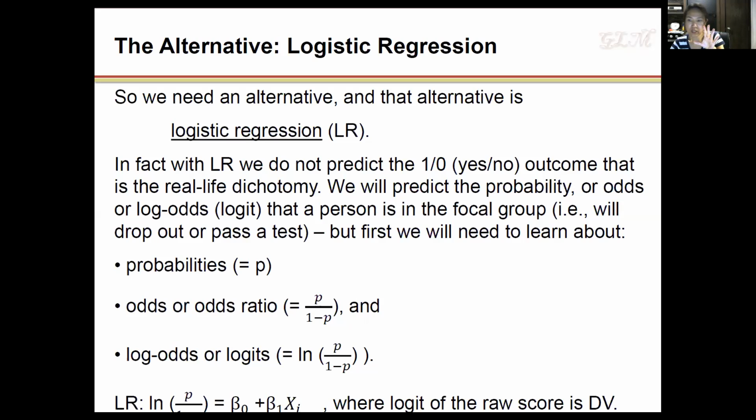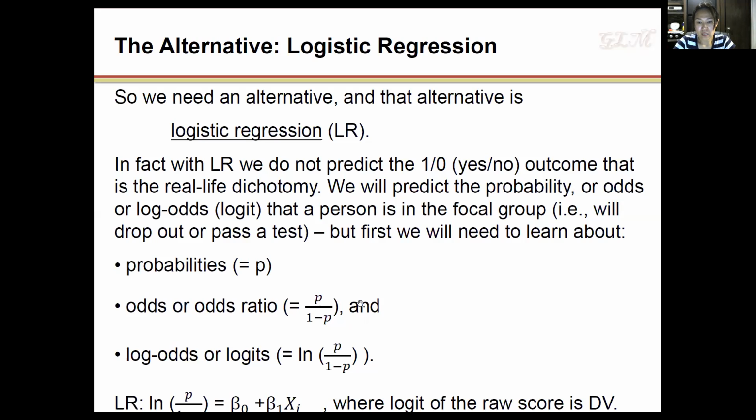So the interpretation of the odds ratio is that the probability of rain tomorrow is 4 times higher than the probability of no rain.